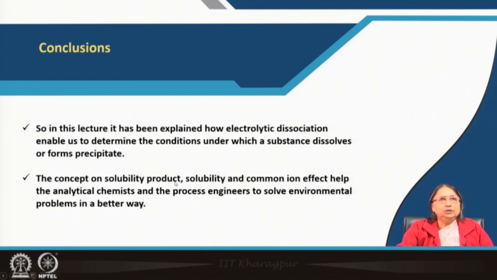Now, as the conclusion we can say that in this lecture it has been explained how electrolytic dissociation enables us to determine the conditions under which a substance dissolves or forms a precipitate. So, solubility product is the key factor that will tell you under which condition it will precipitate. The Ksp value is constant, but you can vary solubility by adding a common ion or without adding a common ion.